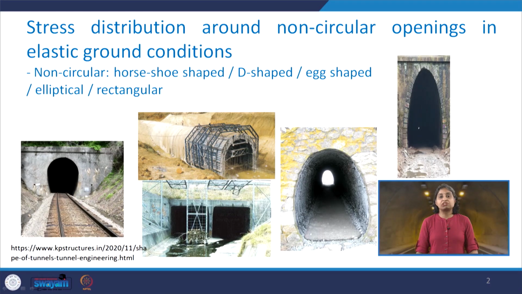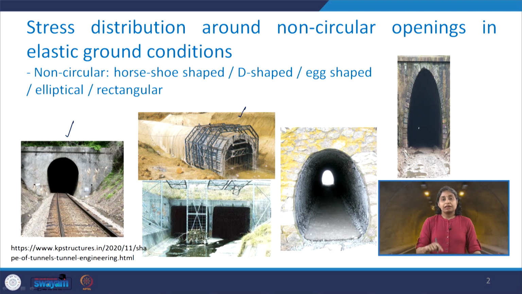In this slide I have pasted a few pictures of non-circular tunnels. The first picture gives you the idea about the horseshoe shaped tunnel. You can see why it is called like this, because the cross section of the tunnel is of the shape of a horseshoe. Then take a look at this figure.